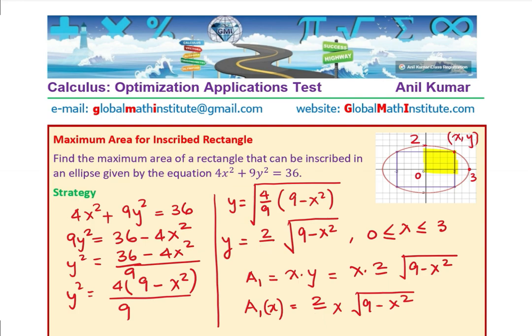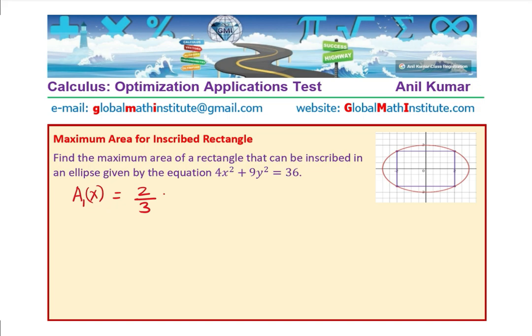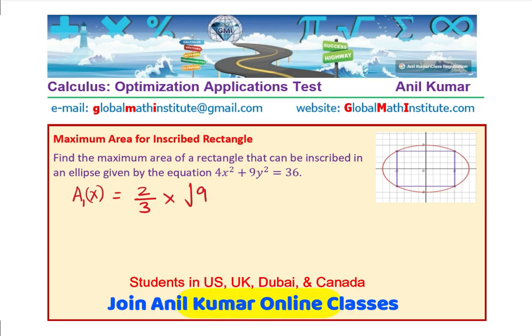Okay, it's 2 over 3, right? Square root of 9 is 3, right? So 2 over 3x square root 9 minus x squared. Perfect. Correct. So let's differentiate with respect to x, right?